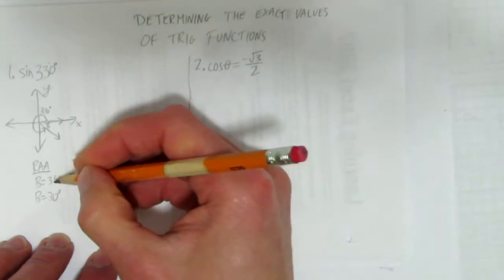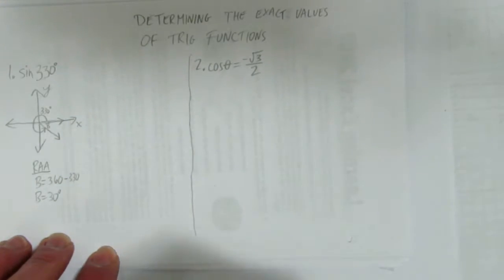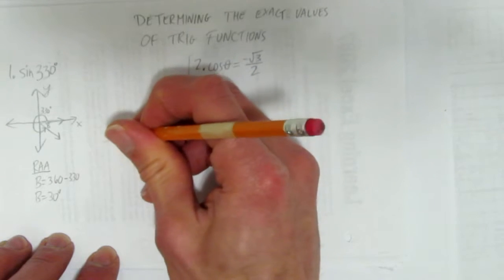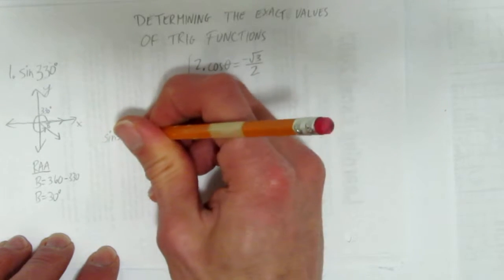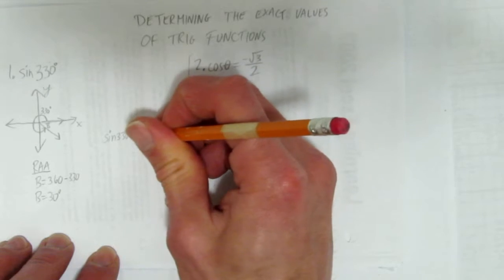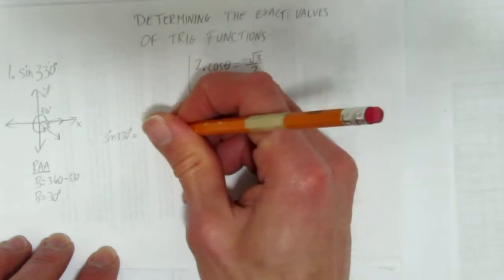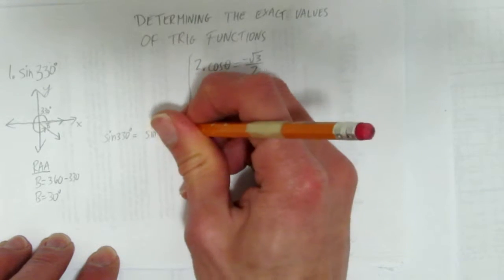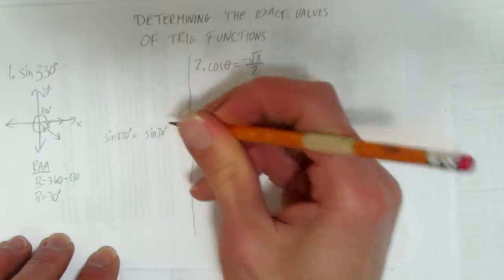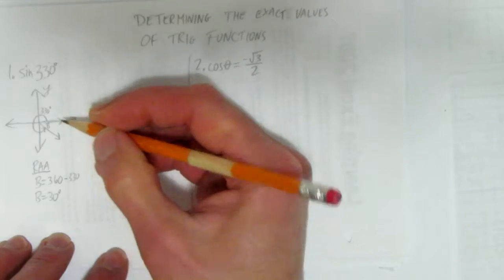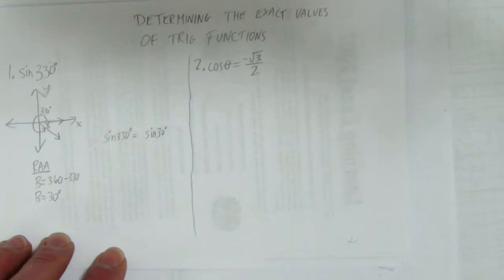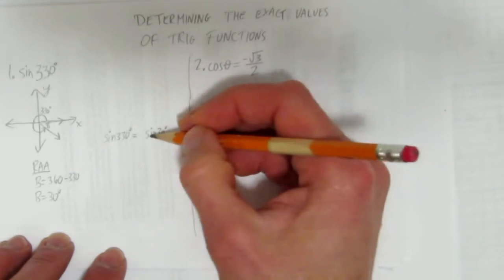Step 1, sketch. Step 2, related acute angle. Step 3, write down what we're solving. Sine 330 will have to equal sine of 30 degrees. That's going to give you the same value. We're going to find the exact value, but these two values are equal, so we're almost there.